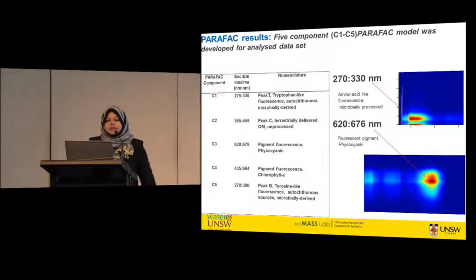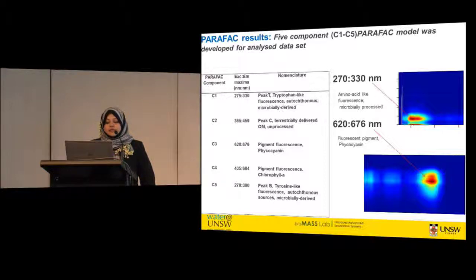So coming to our PARAFAC analysis, we collected all the data for all the nutrients along different species, and we did the PARAFAC analysis, and we found a 5-component model was validated for the analyzed data set. So there were 2 components related more to the protein or amino acid-like fluorescence.